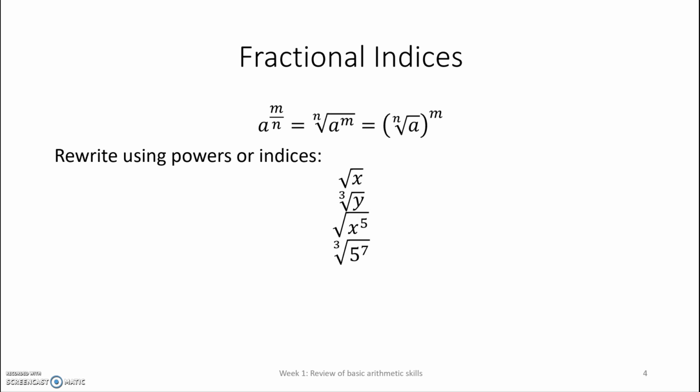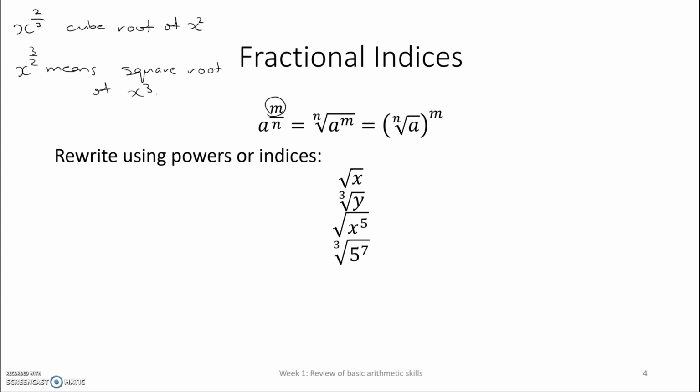Let's have a look at an example first. X to the power of 2 over 3 means the cube root of x squared. And x to the power of 3 over 2 means the square root of x cubed.